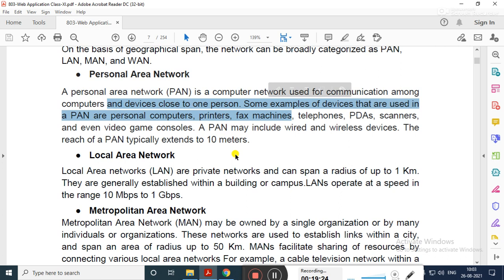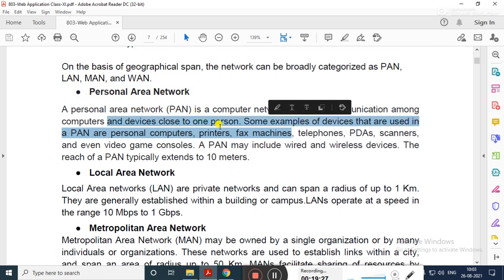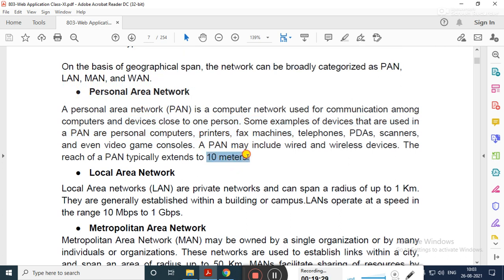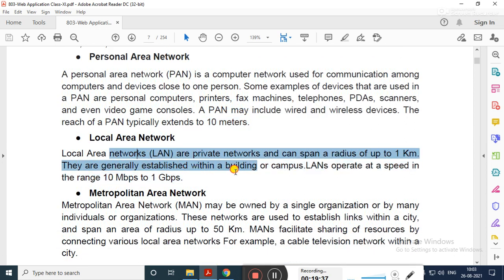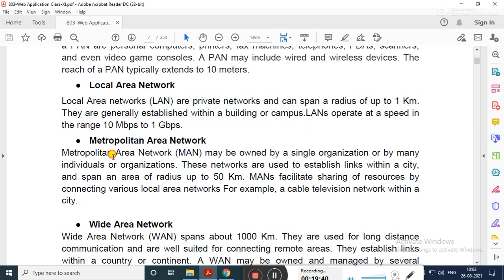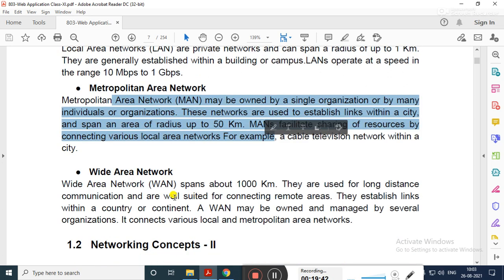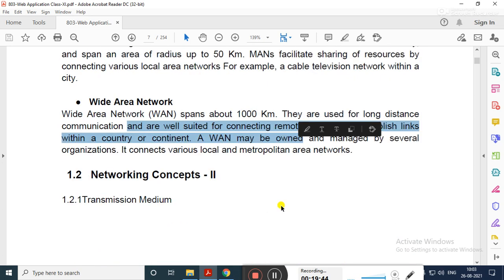This is how you can remember. Personal area network radius is max to max 10 meters, because it is your personal Bluetooth working in your home; anybody outside your home cannot access it. Local area network is within a building or campus, metropolitan area network within a city, and wide area network within a country or continent.